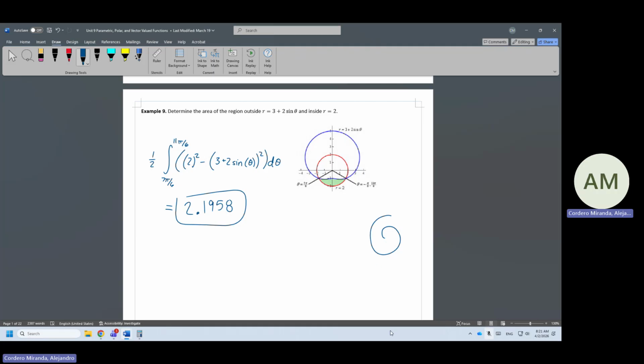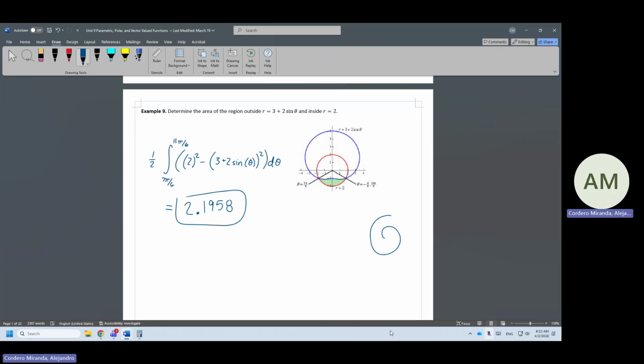That's the path it took, and I think that was a polar function. But outside of that, I'd have to look up real-life applications of polar functions before I make something up.